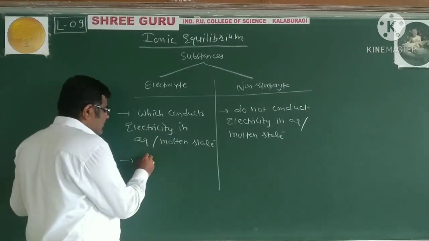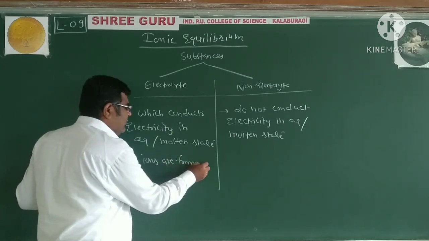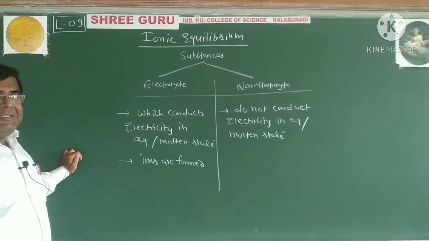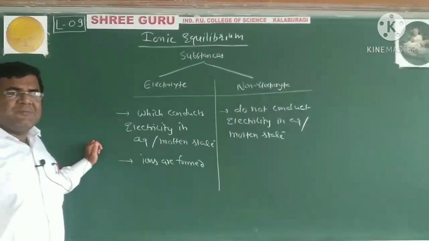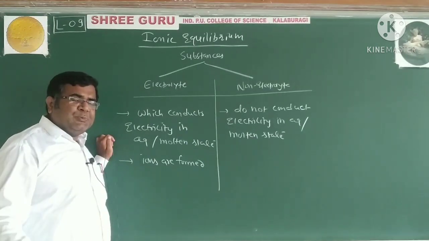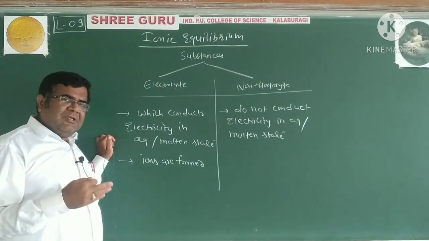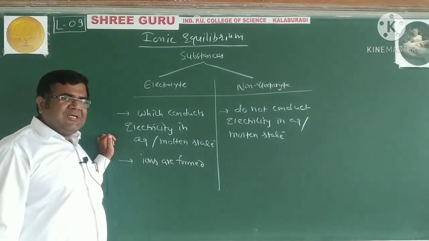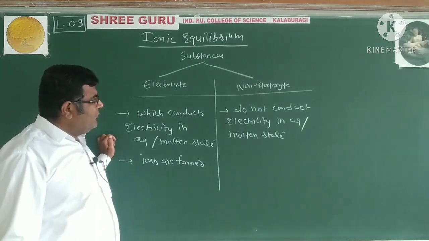We said that ions are formed when we put that substance into water or when we melt it. Ions are charged species, either positive or negative, and due to their charge they conduct electricity. They migrate towards the oppositely charged electrode and electricity is conducted.